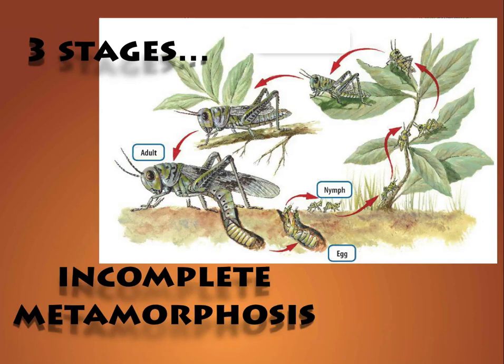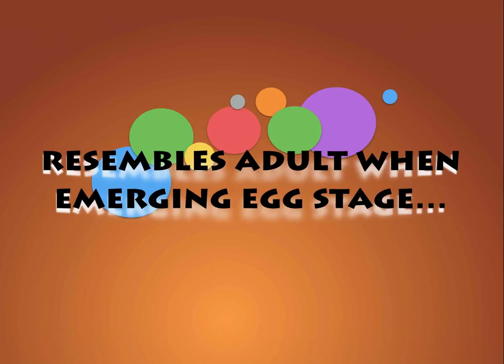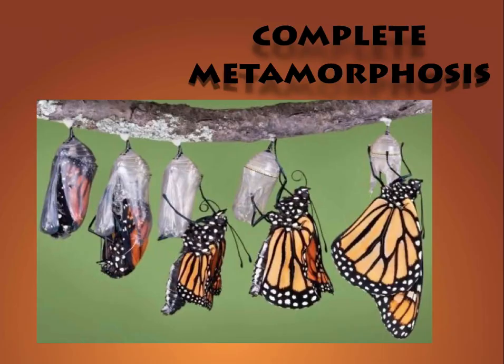It goes through the egg stage and then a nymph stage. The nymph is basically the small version of the adult. Okay, and then it grows into its adult version, grasshopper, and then it reproduces again. So the nymph resembles the adult when emerging from the egg stage.